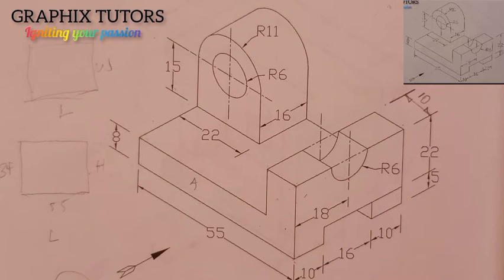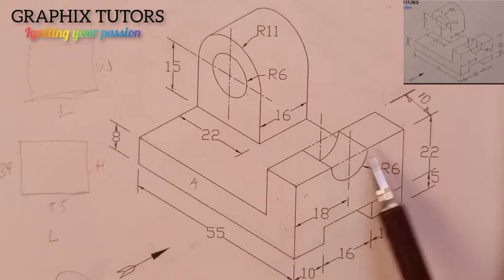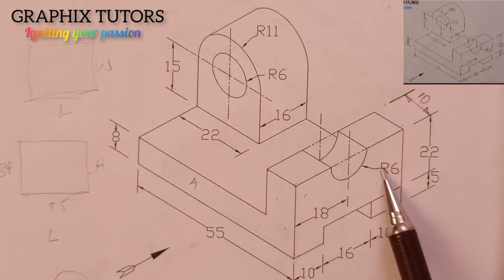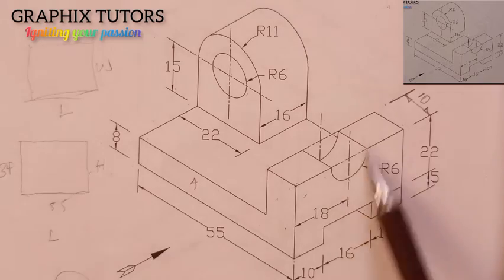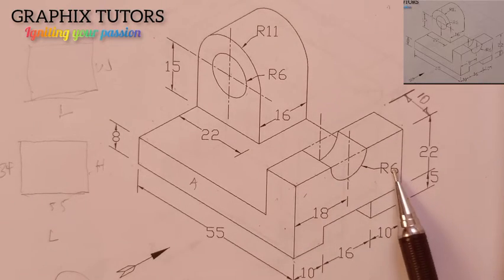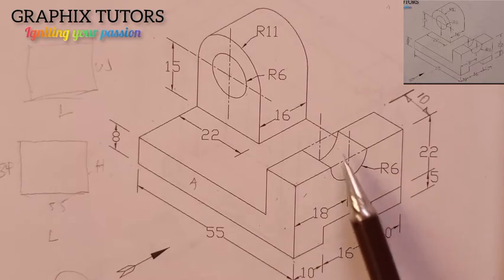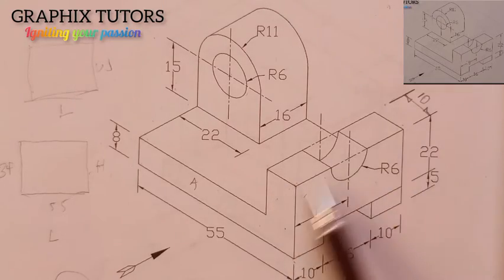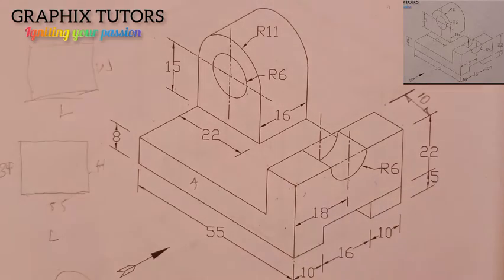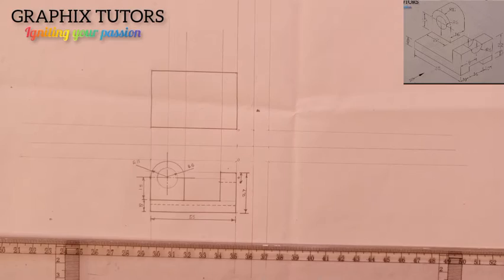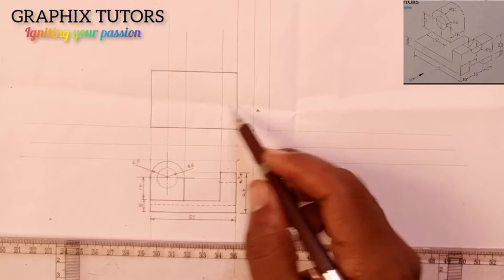So what we should be emphasizing on is this thickness here, which is what? This distance of the cut. And that is what? Radius of 6. So first of all, I need to get the center of this thickness here. And where's the center? After I get the center, I'll now measure 6. So where's the center? This is the center here. So this is the thickness here that we're talking about. So I have to get the center.